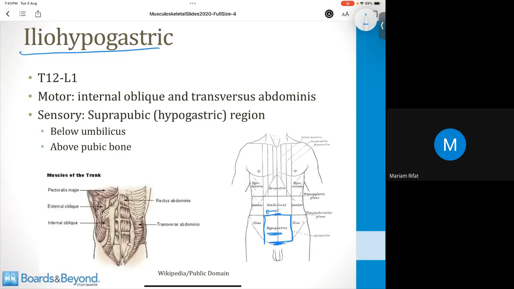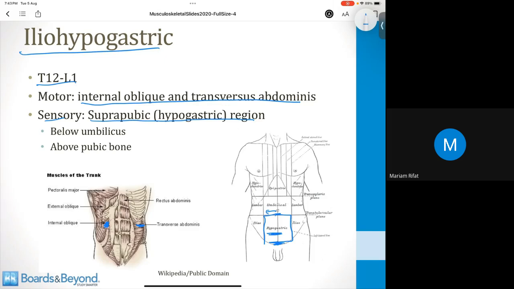The iliohypogastric nerve supplies certain muscles along with sensory supply to the hypogastrium. Which muscles does it supply? The internal oblique and the transversus abdominis. These are the muscles of the abdomen which the iliohypogastric nerve supplies. It arises from T12 to L1, and the sensory supply is to the suprapubic or hypogastric region, above the pubic bone.